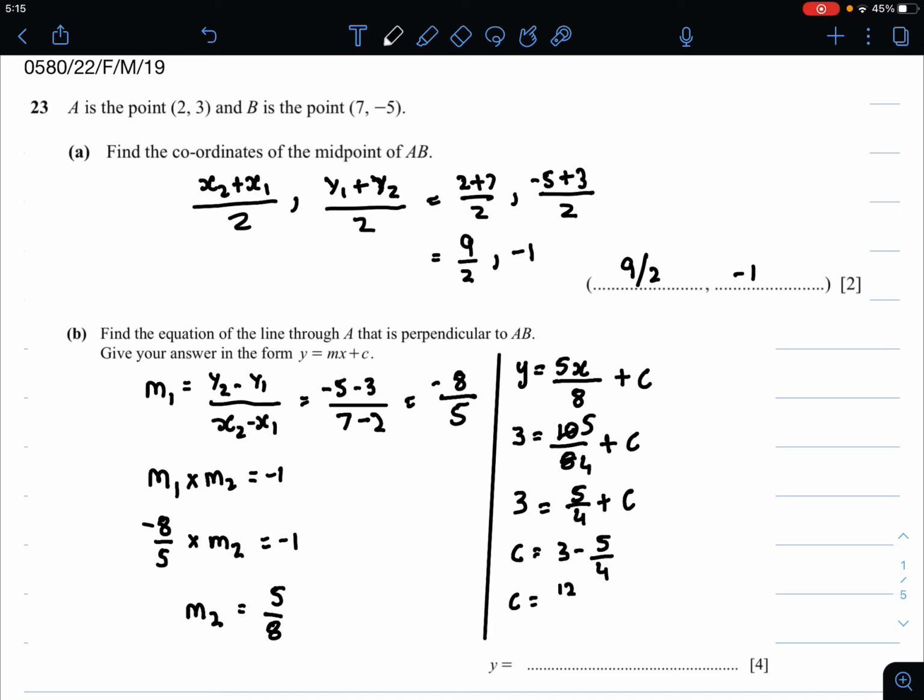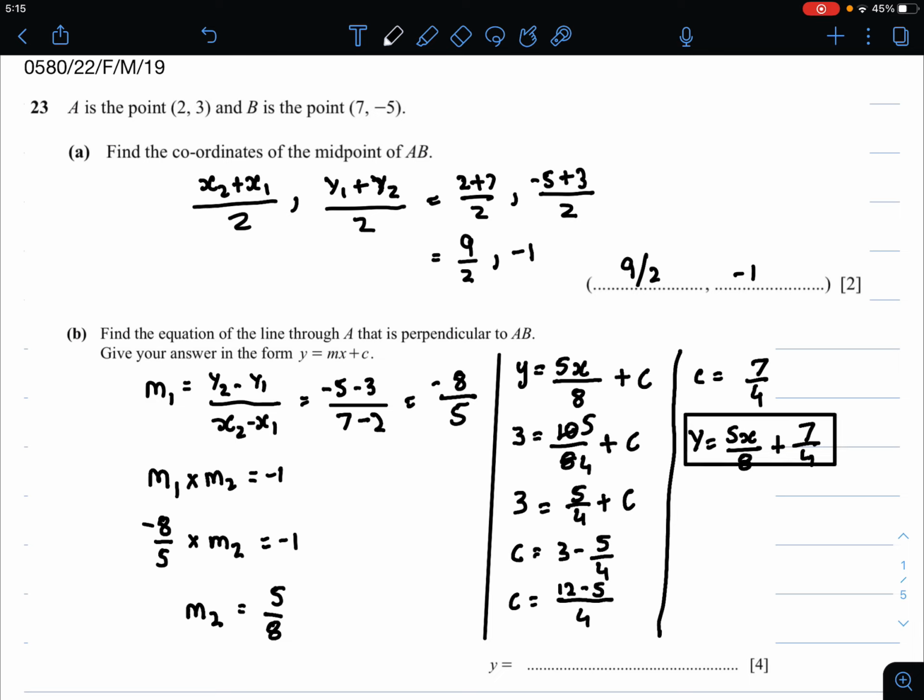So you're left with 12 minus 5 whole thing divided by 4. And therefore you have your C value now as 7 by 4. And therefore you can rewrite the equation of y equals mx plus c as y equals 5x by 8 plus 7 by 4. So therefore this is your final answer for part B.